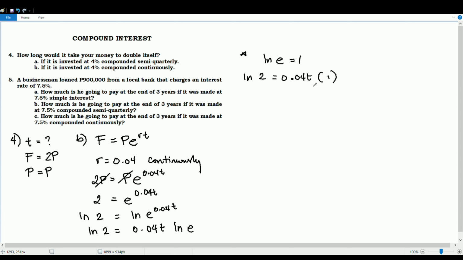Any number multiplied by 1 is the same as that number. So we have 0.04t on my right side. We divide both sides by 0.04 and cancel it out. The remaining variable on my right side is t, that is equal to ln 2 over 0.04. Calculating this, we have 17.33 years.